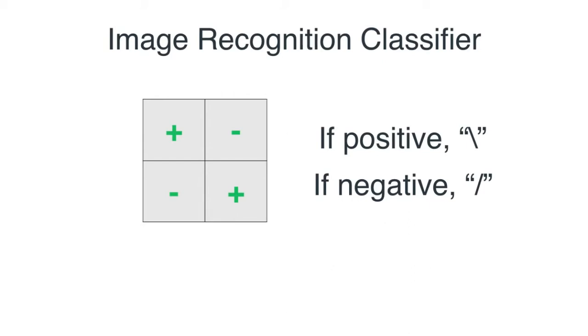So what we just made is an image recognition classifier. This is how we are going to classify the backslash and the forward slash, as shown in the picture, like plus, minus, minus, plus.